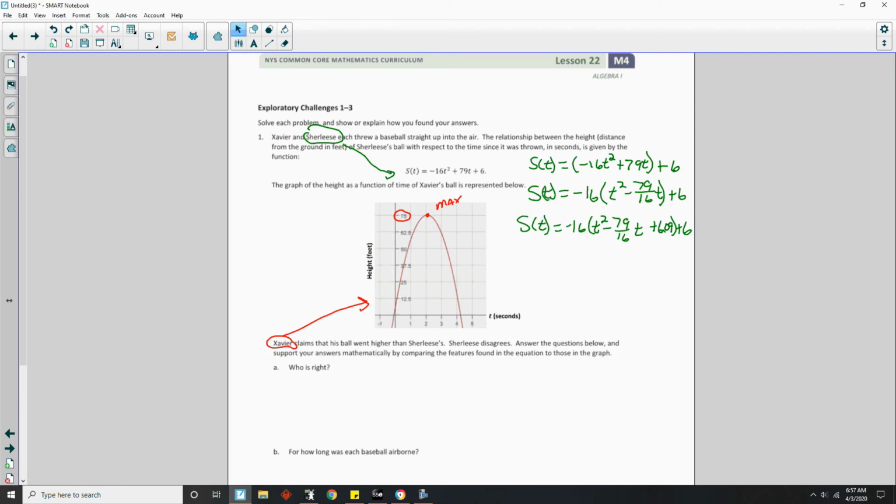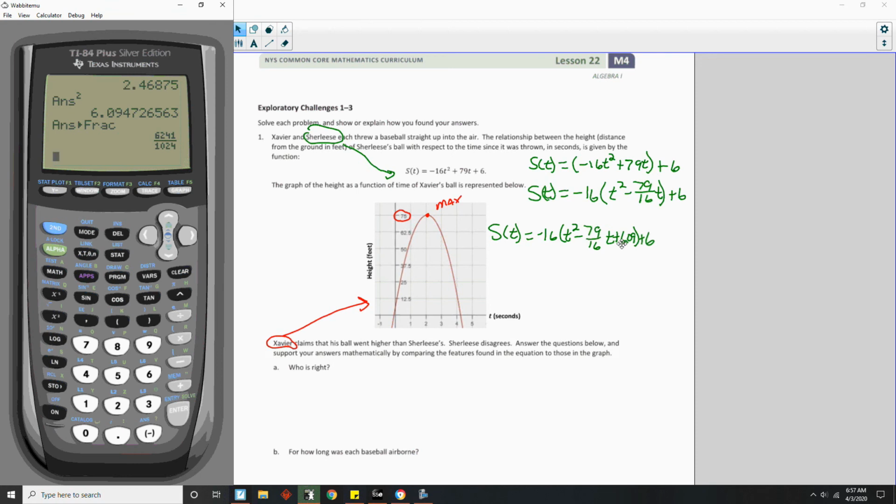But then, since we added 6.09 inside, I have to multiply that by negative 16. Times negative 16 is a negative 6241 over 64.